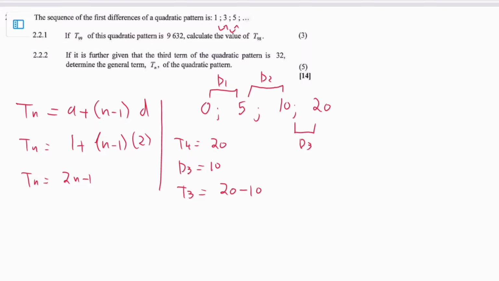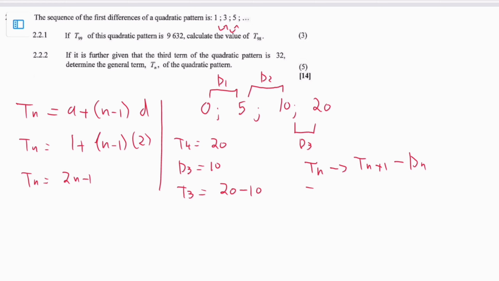So the general rule is, if you want to find the value of the nth term of a quadratic pattern, you say T of n equals T of n plus 1 minus Dn.